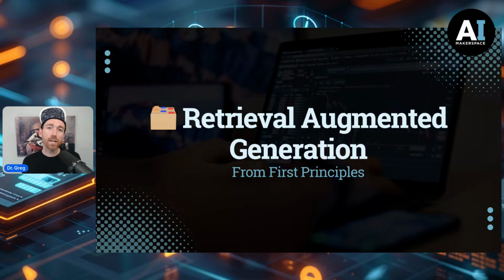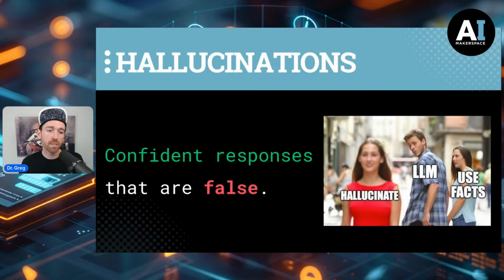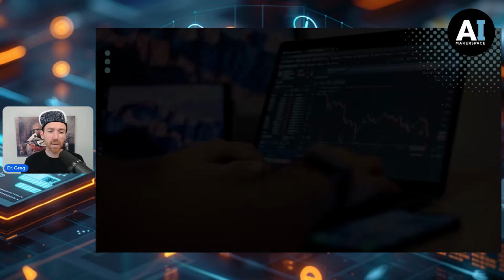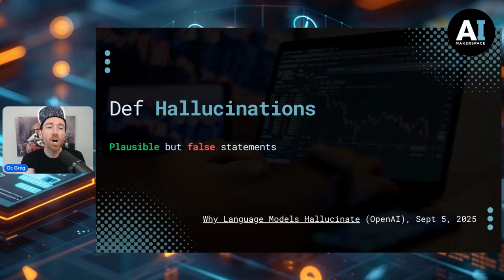RAG was kind of developed to solve a specific problem. That is these hallucinations we get from LLMs, the confident responses that are actually not true, or we can take a different definition that actually came out just last week from OpenAI themselves: plausible but false statements.